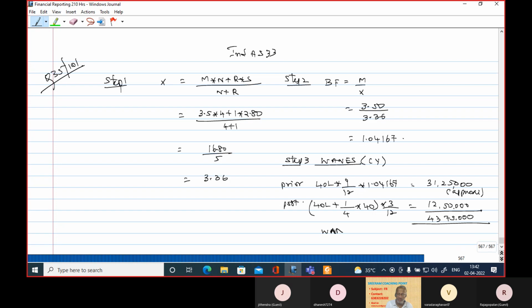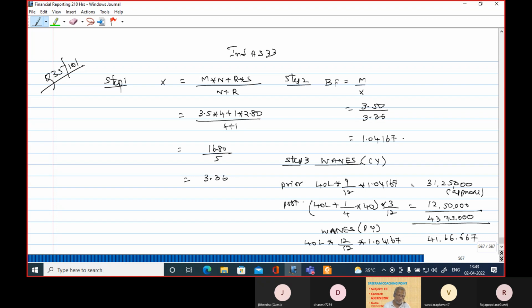Weighted average number of equity shares for the previous year: 40 lakhs into 12 by 12 into 1.04167. 40 lakhs into 1.04167 is 41 lakh 66,667.